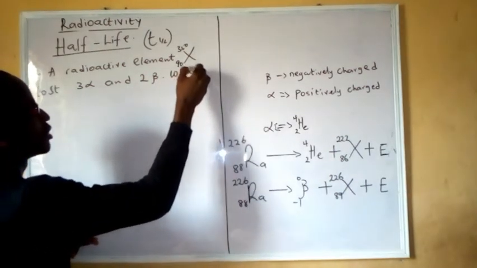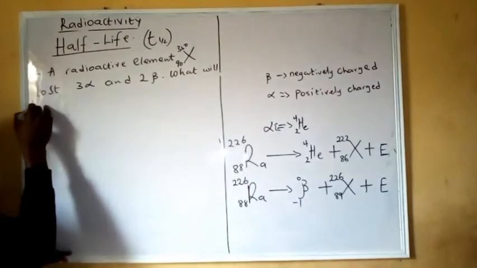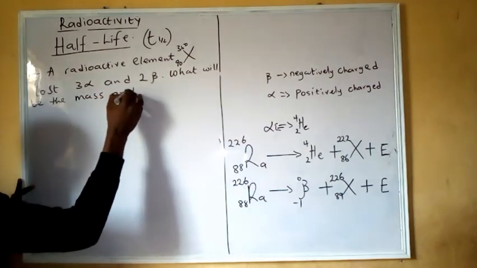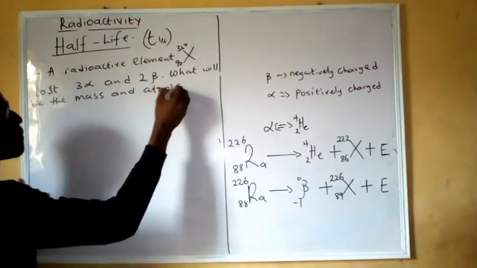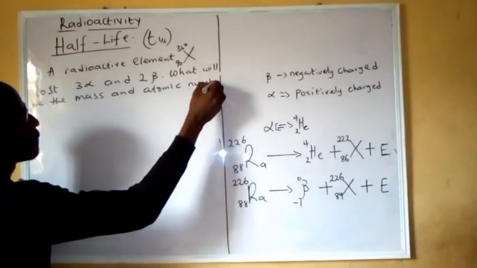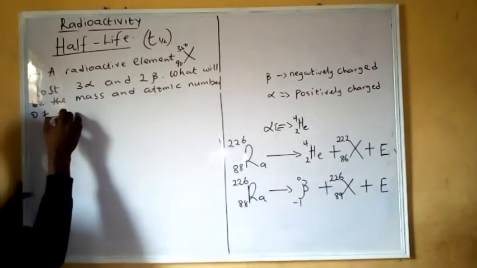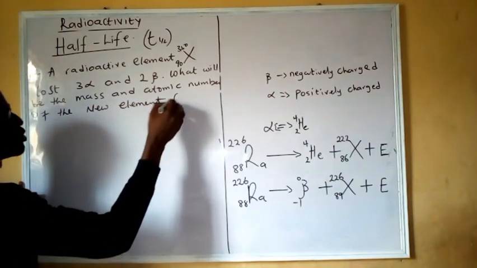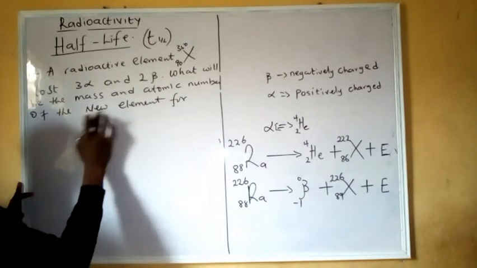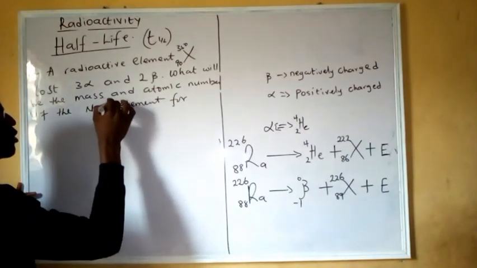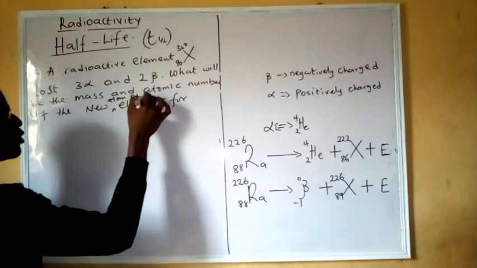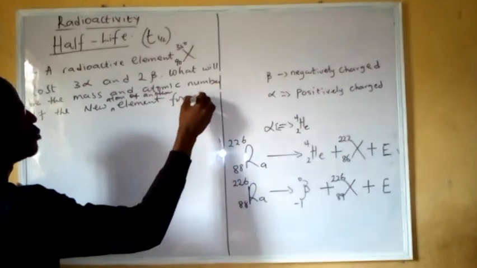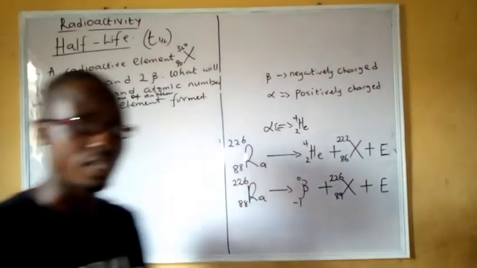What will be the mass and atomic number of the new element formed, of the new atom of another element formed, because that's what we're emphasizing on, the atom, now.